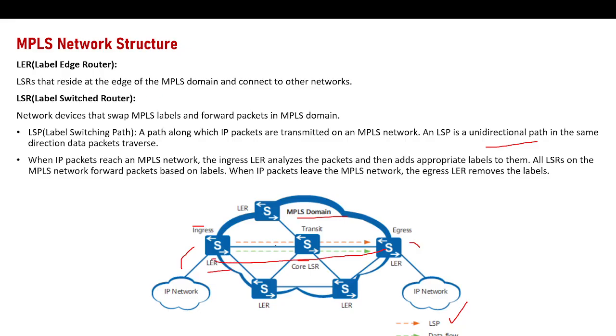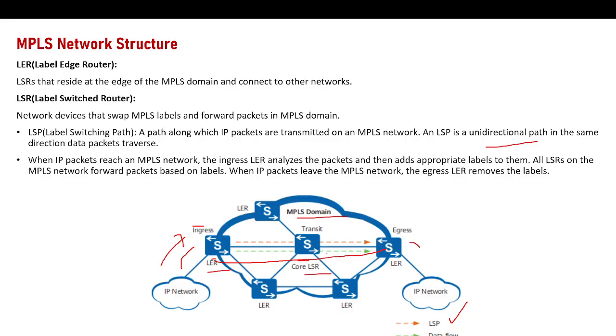When packets come into the ingress LER, the packets will be analyzed, and this device will add the appropriate labels to them. Remember, on an MPLS network we can have a layer of labels. You can have 2 or 3 labels. So the LER will add the labels that are necessary for this packet to be forwarded from point A to point B. And then we have the LSR.